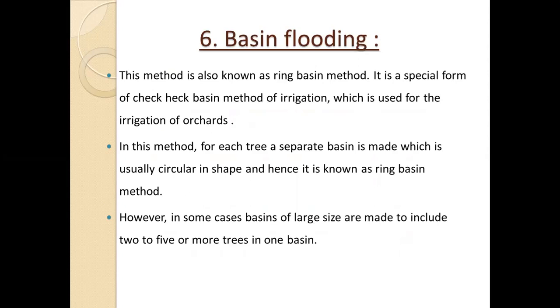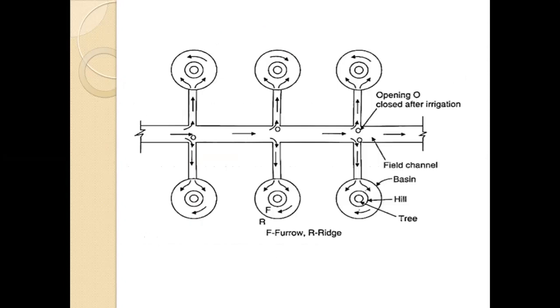However, in some cases basins of large size are made to include two to five or more trees in one basin, as is shown in this figure, open or closed after irrigation.